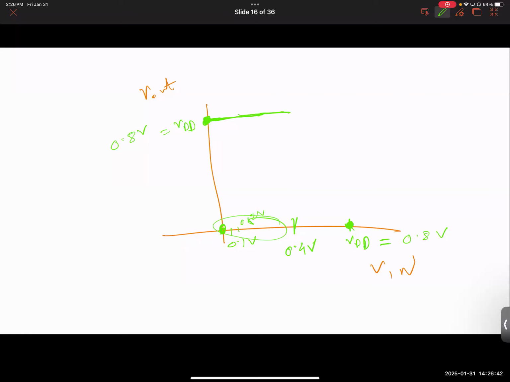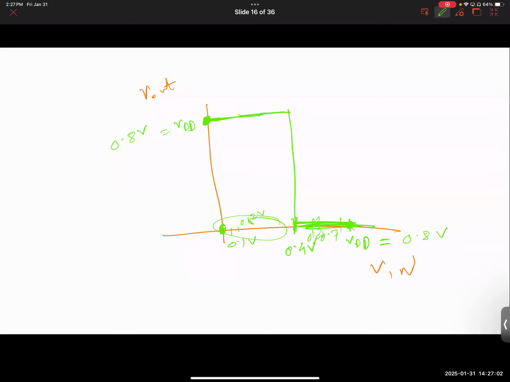Does that make sense logically? And the moment you cross, if I give you 0.7 volt, 0.6 volt, 0.75 volt, all of them should be treated as higher voltage. And you should create what?